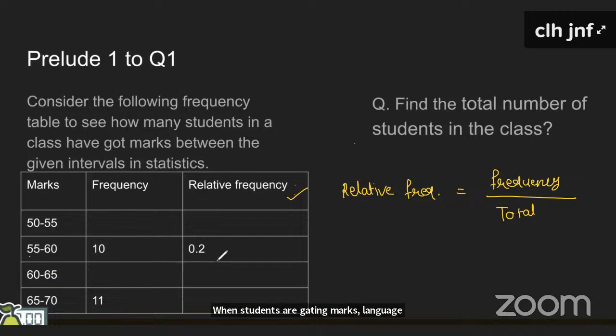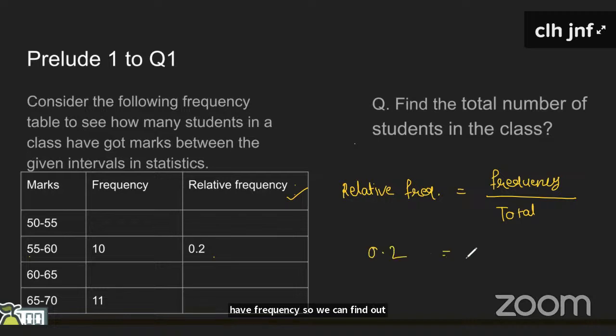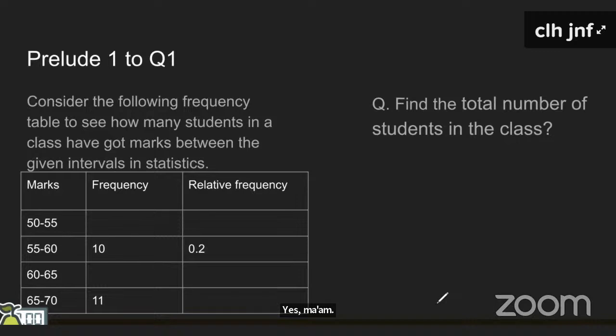For this, we have relative frequency, and we have frequency, so we can find out. This is 0.2, and this is 10 by, let's say, x, the total. So the calculation gives x equal to 50, right? So the total number of students here is 50.